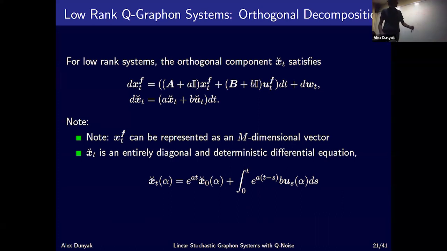On the top here, you have this term along each eigenfunction, and on the bottom you have the orthogonal component, which is entirely diagonal and deterministic, and you can actually express it explicitly for each index alpha with a single constant: e to the at for alpha, x-perp initial condition of alpha, plus the control input locally.